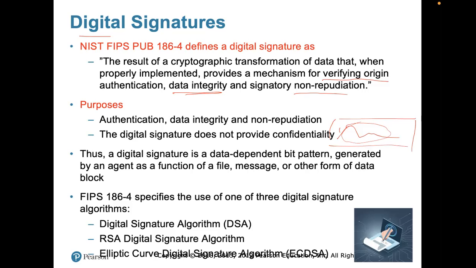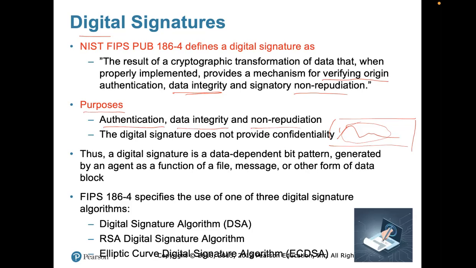In a way, it's a two-directional certificate. First, you trust me and you realize that it was me, and I cannot claim that it wasn't me. So that's why we say that the purpose of digital signatures is user authentication, data integrity, and non-repudiation.